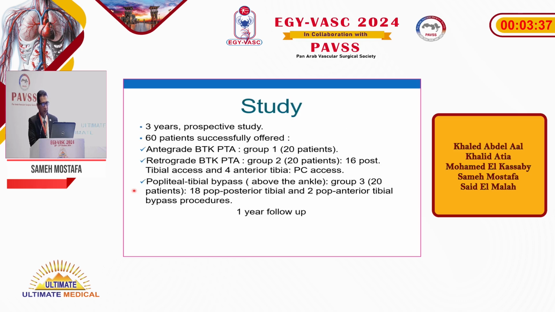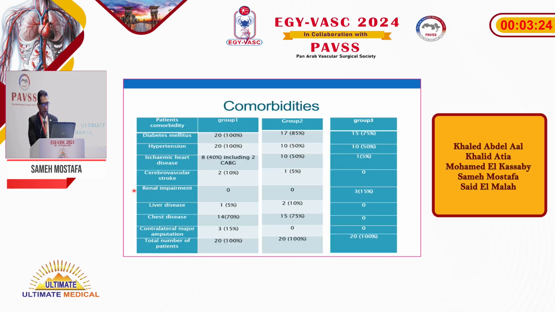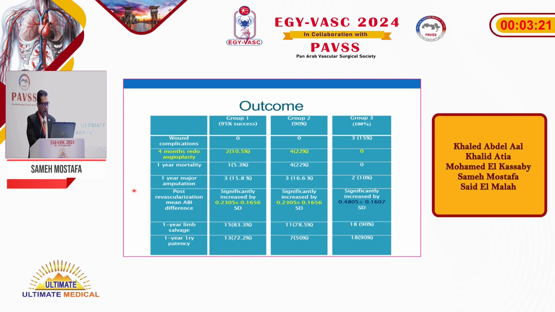In Alexandria University, we conducted a study over 60 patients, 20 with antegrade PTA, 20 with retrograde PTA, and 20 patients with popliteal tibial bypass. This is the clinical presentation. These are the comorbidities, and coming to the outcome, we had limb complications in the surgery group, more redo angioplasty, more 1-year mortality, and more 1-year major amputation in the angioplasty group.